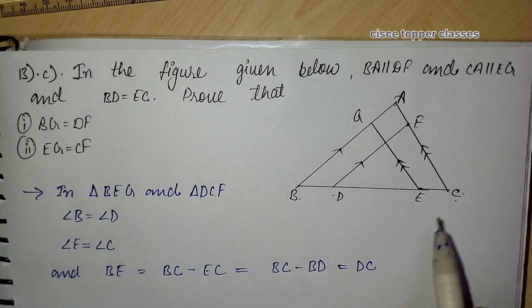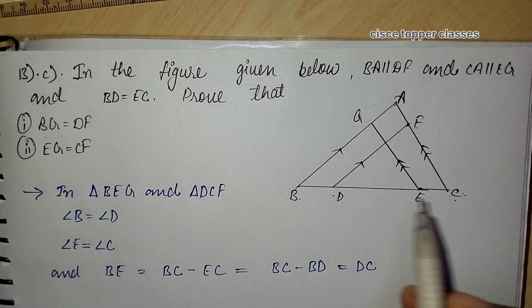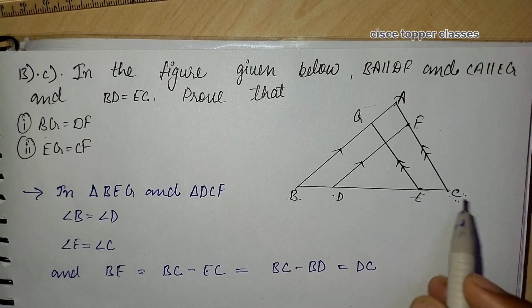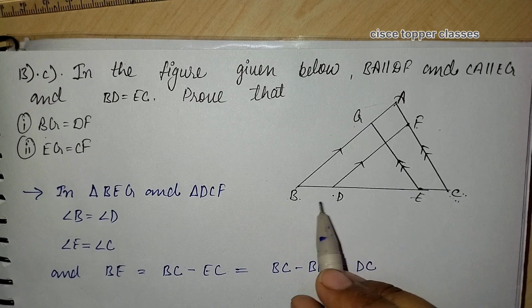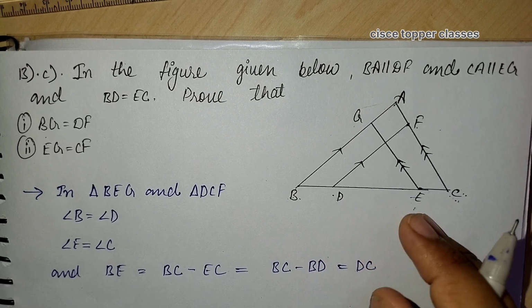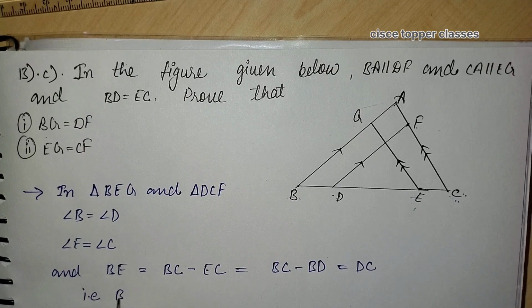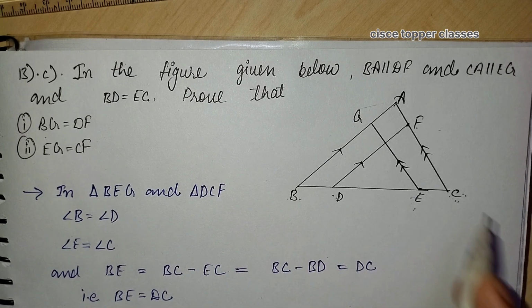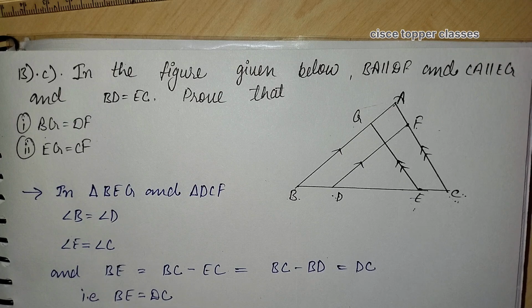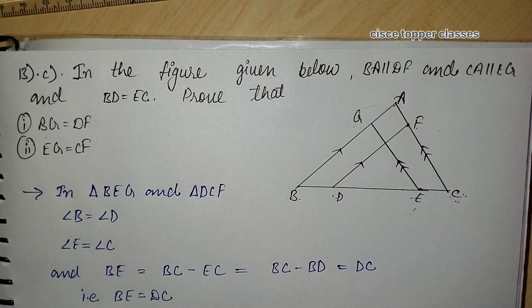If we have to find DC, we can subtract BD from BC. Now finally BE is equal to DC from this part, so we can say that triangle BEG is congruent to triangle CDF by angle side angle congruency.